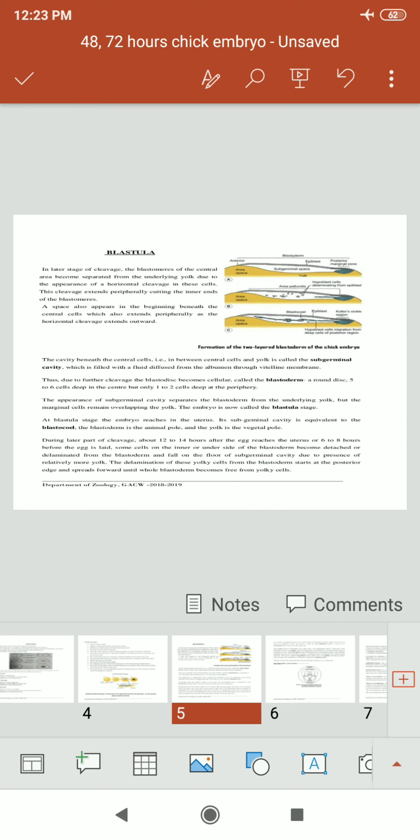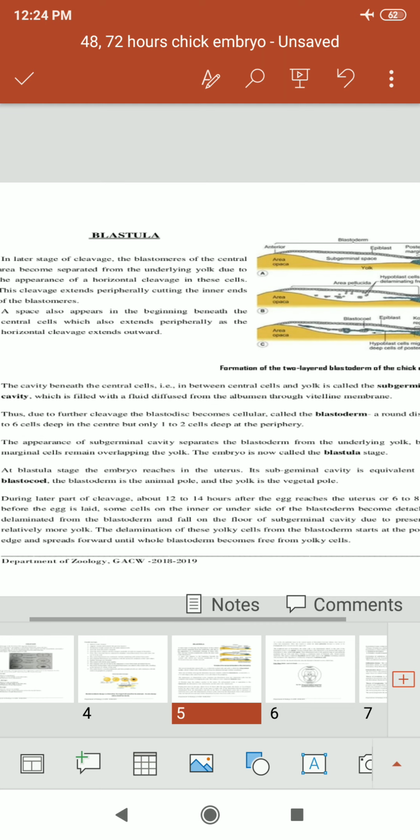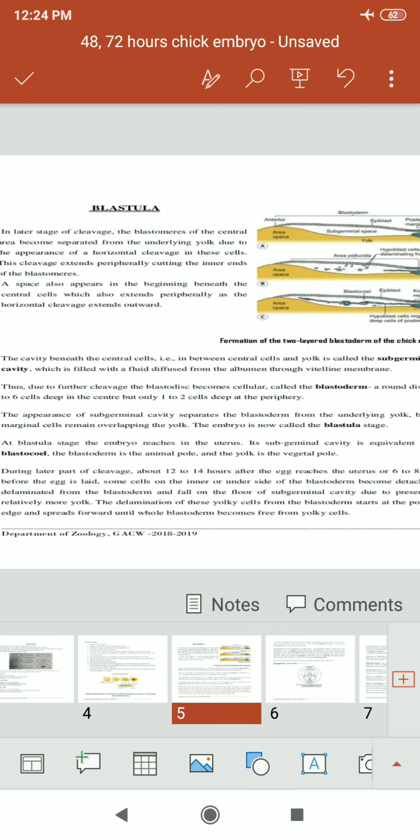So you can see this blastocoel or blastula. Basically, this blastula is important for the cleavages in the chick embryo.